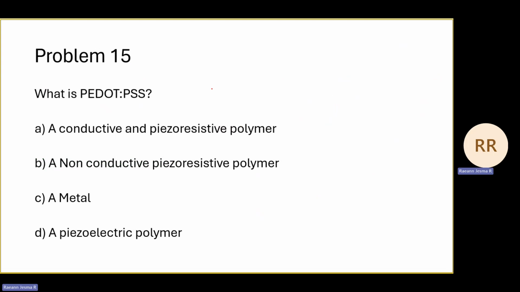So next we'll move on to problem 15. What is PEDOT:PSS? So you would have seen this mentioned in one of the lectures, right? Option A is a conductive and piezoresistive polymer. Option B is a non-conductive and piezoresistive polymer. Option C is a metal. Option D is a piezoelectric polymer. So what is the correct answer?